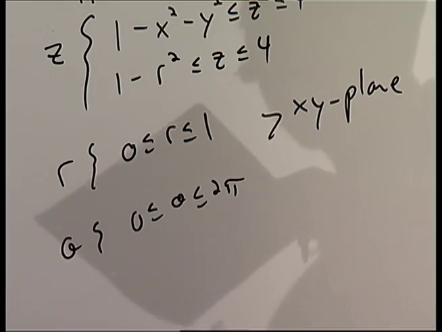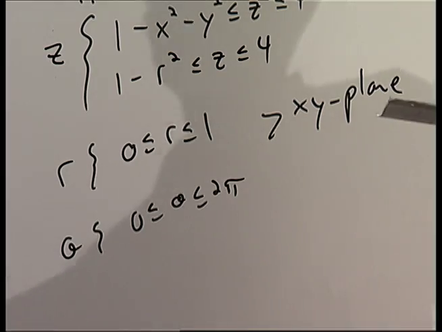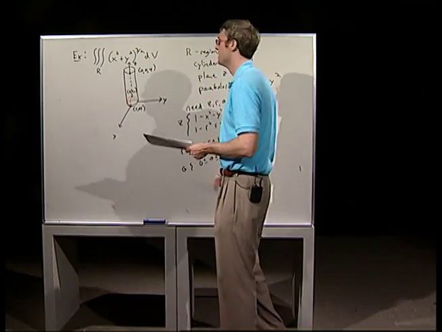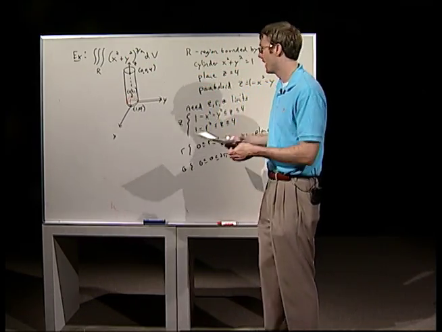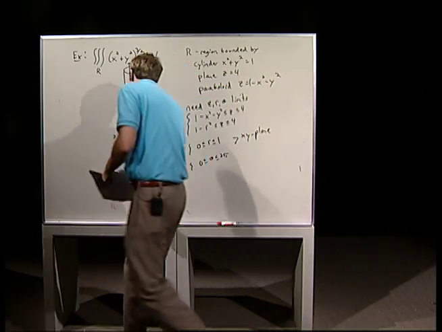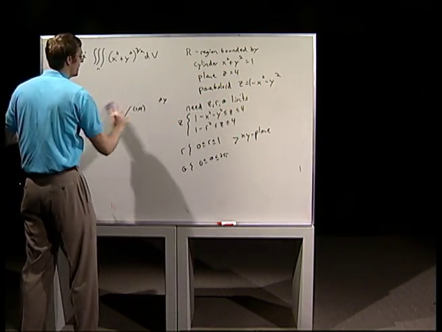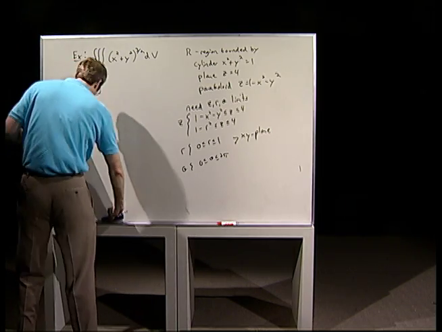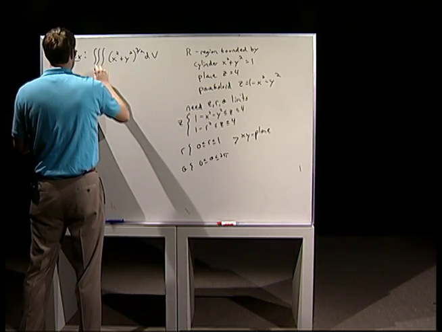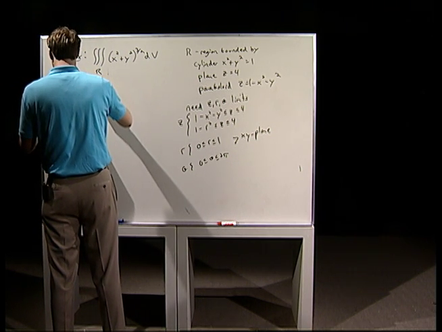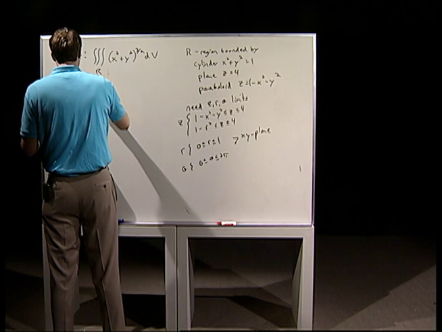Okay, so now let's set it up. Again, the function that we're integrating is nice. It's got an r squared piece in it as well. So let me erase this beautiful drawing, and we'll convert this.